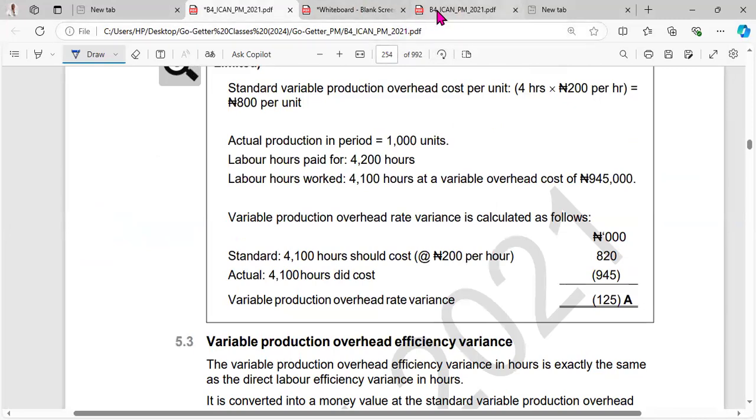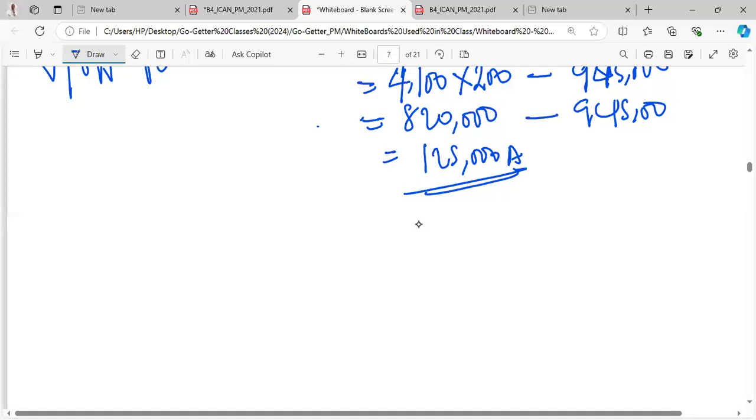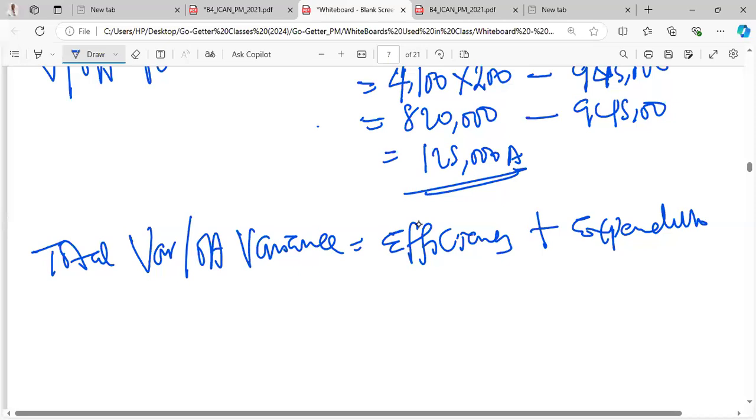So if we are to add the both of them, the total variable overhead variance is efficiency plus expenditure variance.